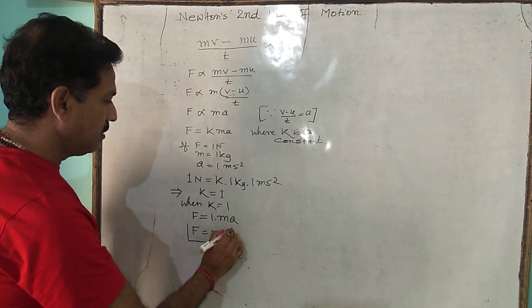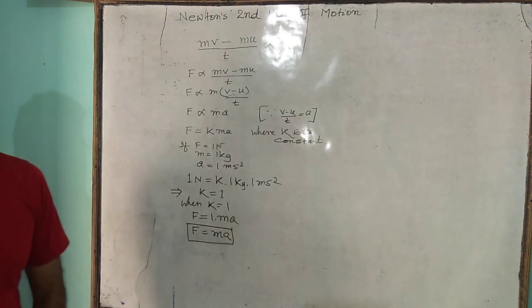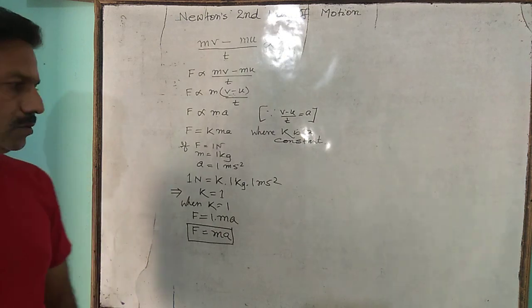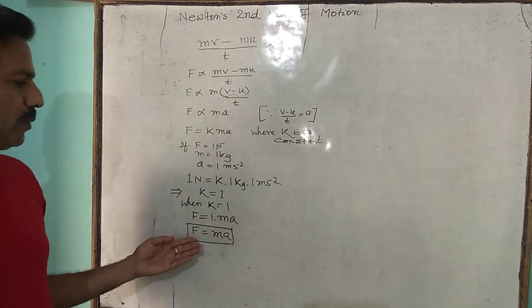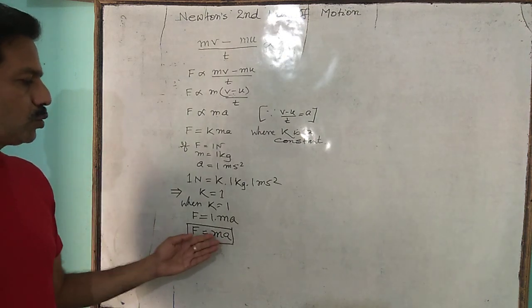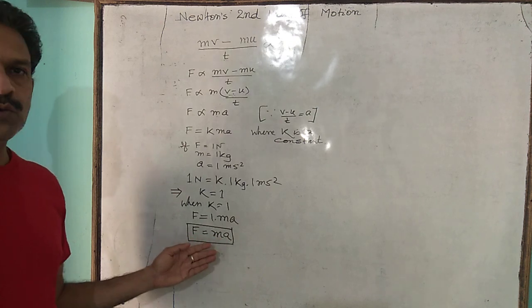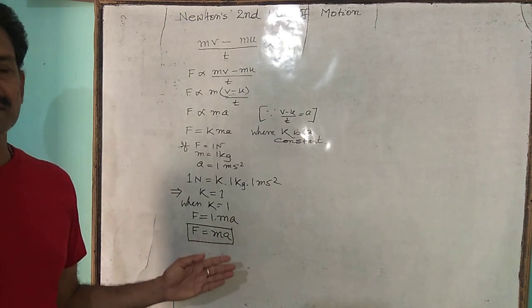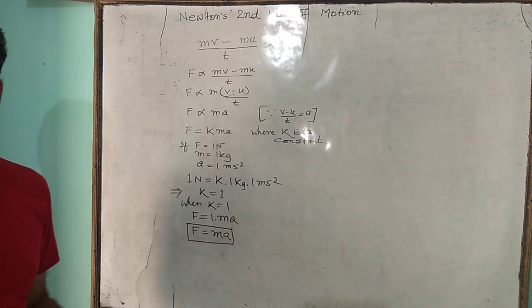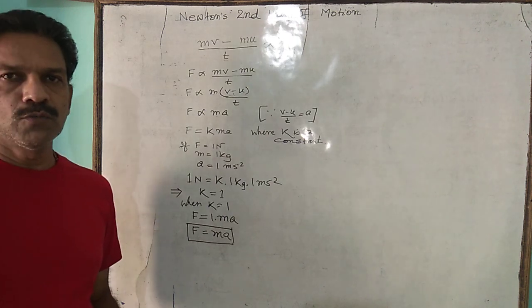So this is the measurement of force. From Newton's second law of motion, we derive the measurement of force, that is F equals ma. Force equals mass into acceleration. But listen again, what is Newton's second law of motion?